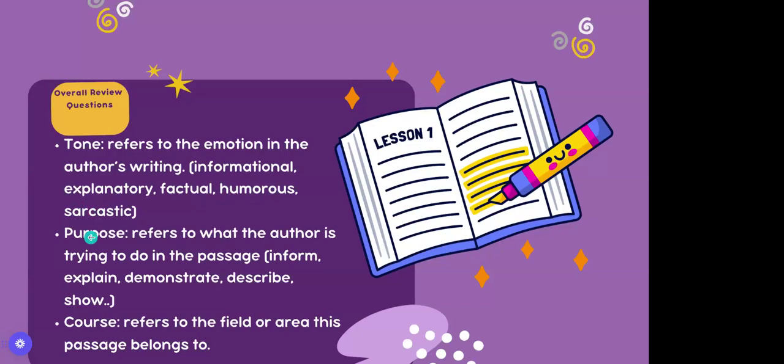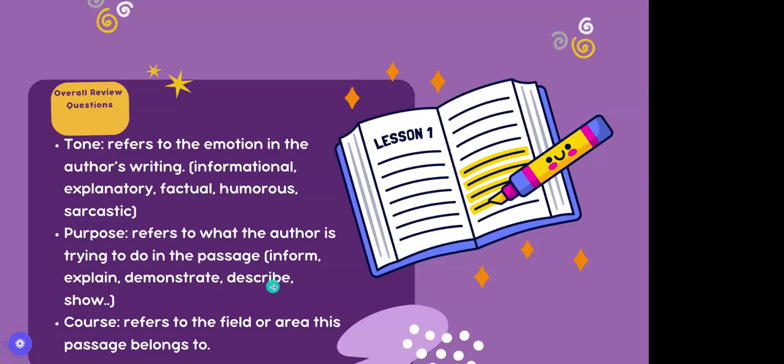Now, the purpose refers to what the author is trying to do in the passage. Is he trying to inform about a topic? Is he trying to explain a process? Does he want to demonstrate that an option is better than another one?